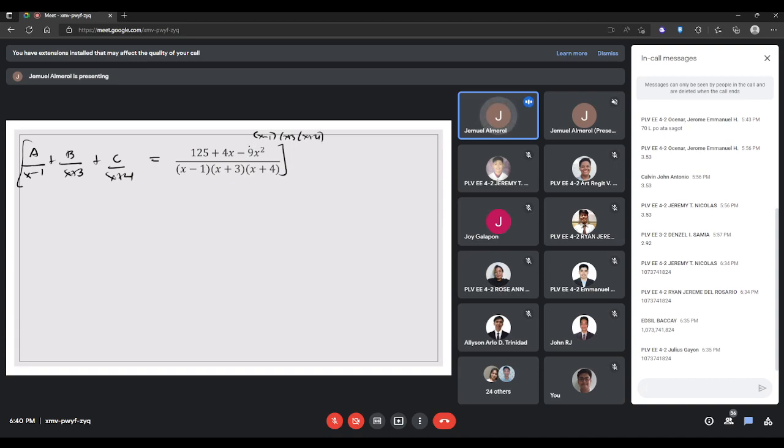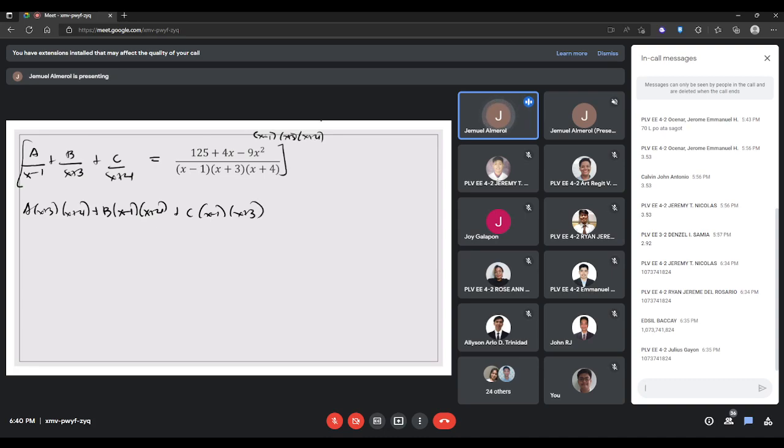Okay, so now, if you multiply this by this, so meron sa x minus 1, ang matitira a times x plus 3, x plus 4. Huwag ninyo muna expand. Okay? Plus b. So, maiiwan naman x minus 1, x plus 4. Kung sino yung nandun, cancelin ninyo, maiiwan yung dalawa. Then for c, x minus 1, x plus 3.